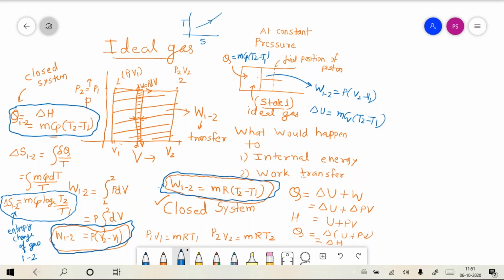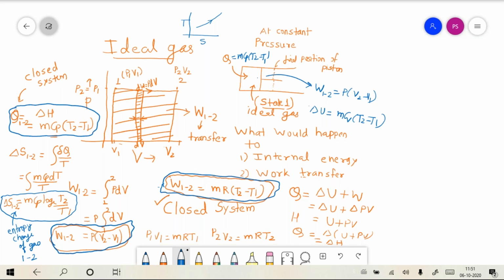This is a problem with a closed system. Consider a closed system, and let us say the pressure remains constant. Pressure is constant during expansion and is equal to 105 kilopascals.